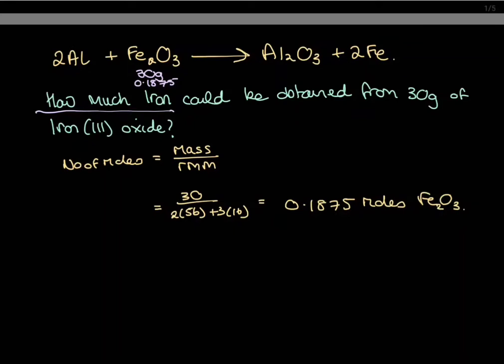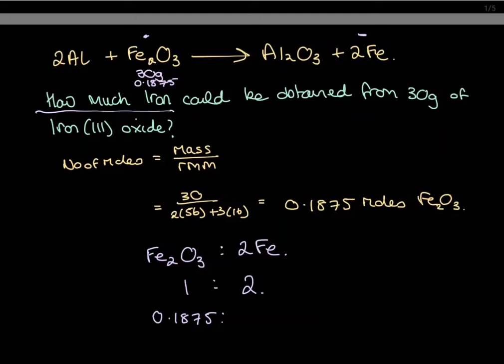Now what I really want to know is how many moles of this we got in the end. So that's where we're going to use our chemical equation. So if you see, we have 1 mole of iron oxide will produce 2 moles of iron. That's from the chemical equation up here. So that's a 1:2 ratio. And if I have 0.1875 moles of our iron oxide, I'm going to produce twice as much iron because it's a 1:2 ratio.